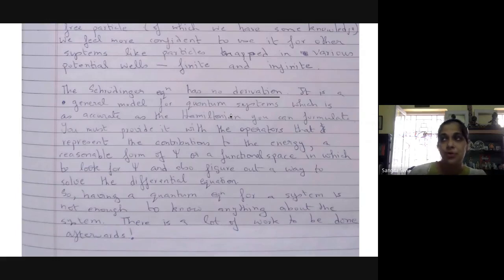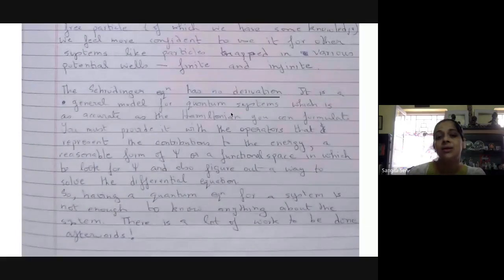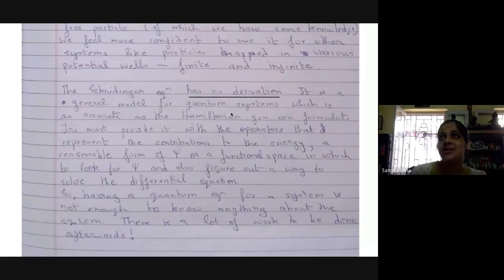And this is sort of up to you, how you want to design your Hamiltonian. You need to know about the system, and you need to know how the interactions in the system can be represented by quantum operators. And once you know that, then you can try and solve the differential equation.